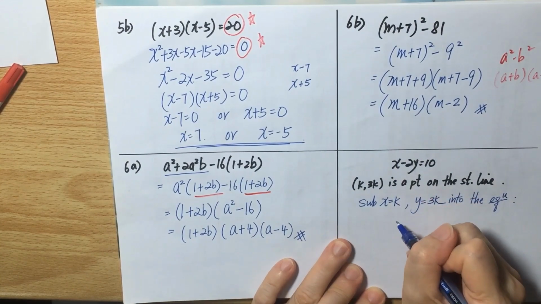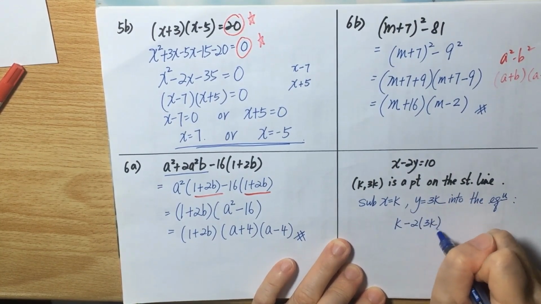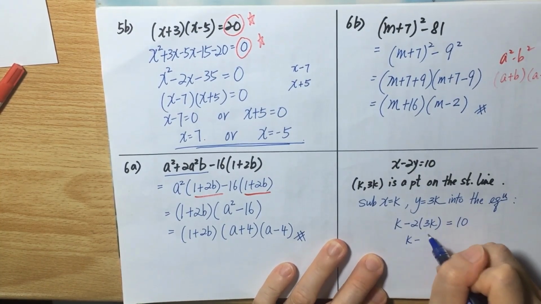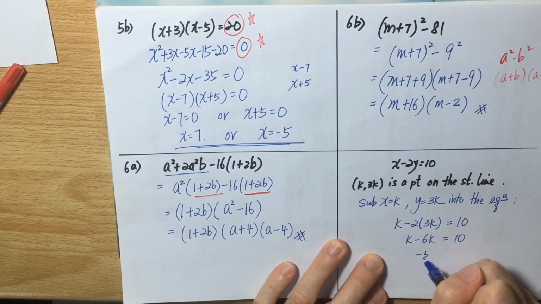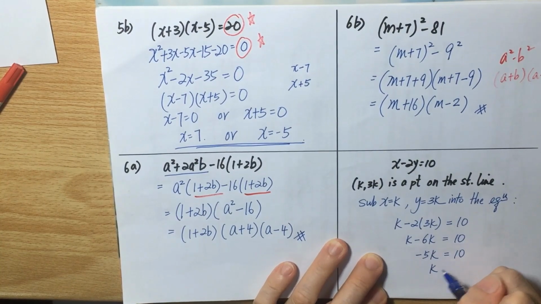So k minus 2 times 3k equals 10. So k minus 6k equals 10. So negative 5k equals 10. So k is actually negative 2.